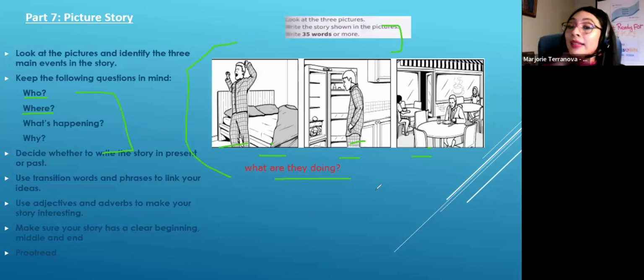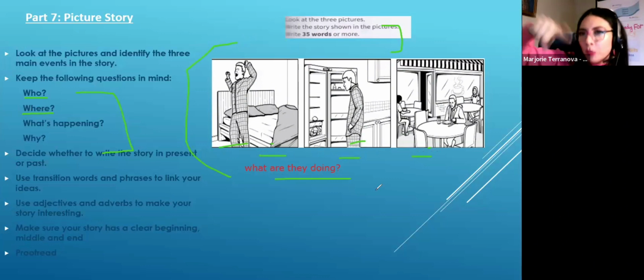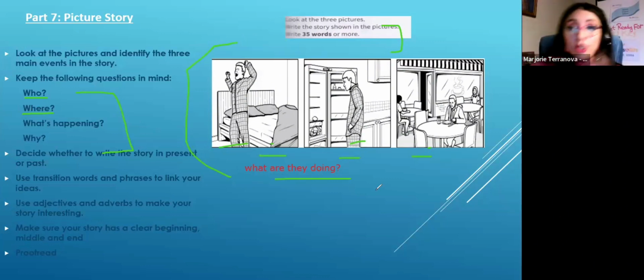It would be ideal that you have already introduced your students to this kind of vocabulary. You can start in that week, okay, on Friday, I'm going to be covering this part of the test, and the story picture that I'm going to be using is this one here. So then when you prepare your lesson plans for that week, focus on that, okay? The students in that week, they need to learn parts of the house.